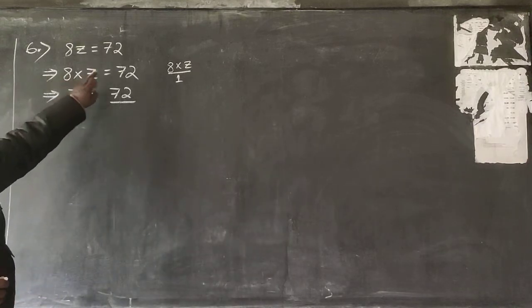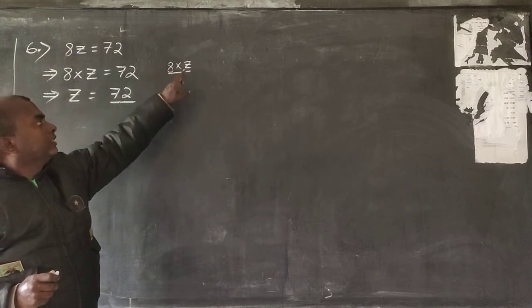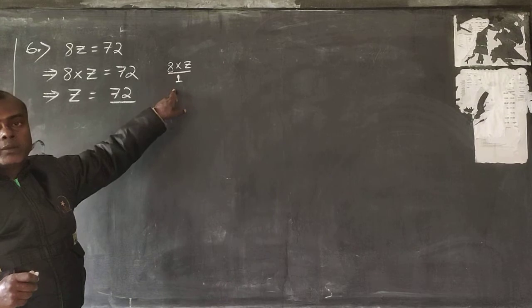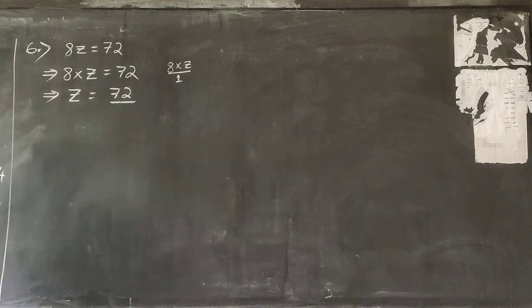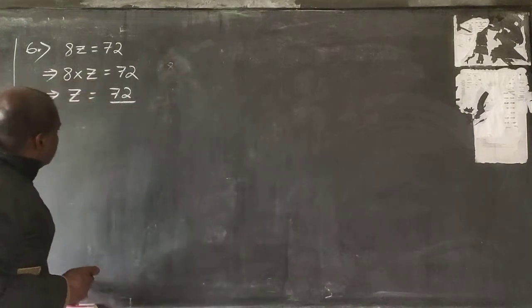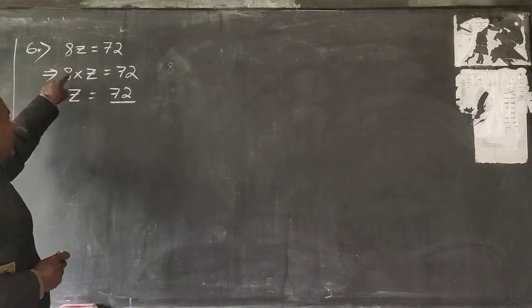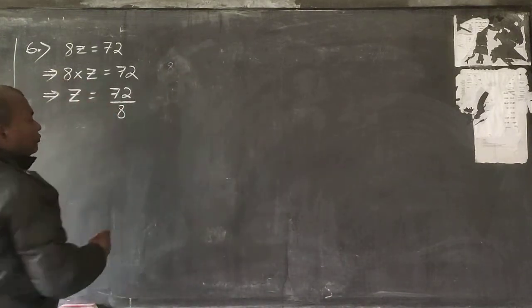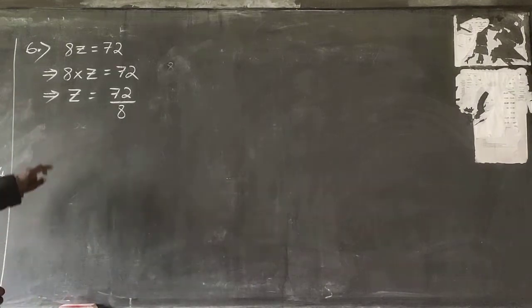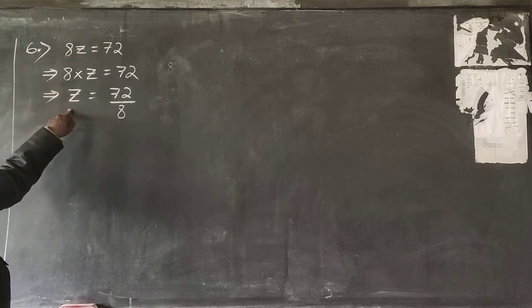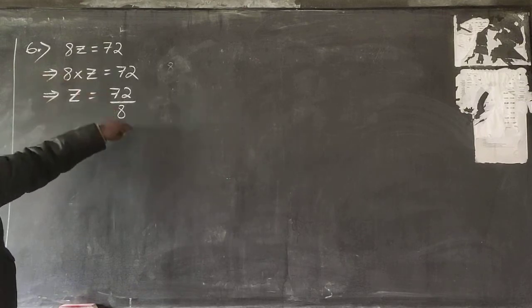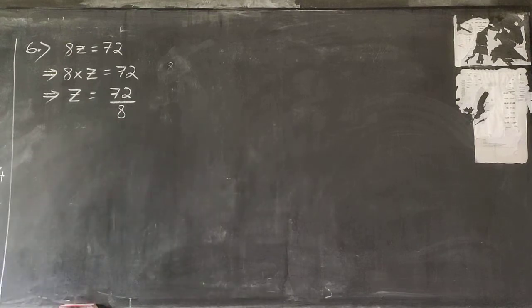Alright, 8 into z can simply be written as 8 into z divided by 1. This divided by 1 is the denominator. So from numerator position, 8 will come in the denominator. That's the rule for shifting method. In shifting method, when multiplied by some constant number is there, the variable can be isolated by taking the constant number on the other side in the denominator.